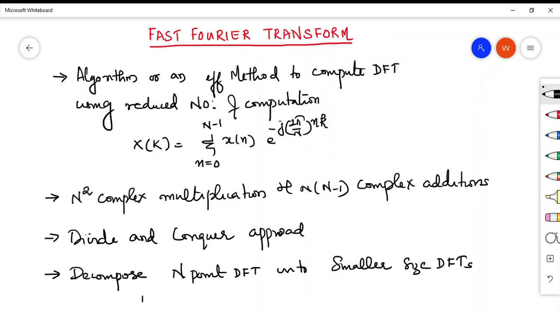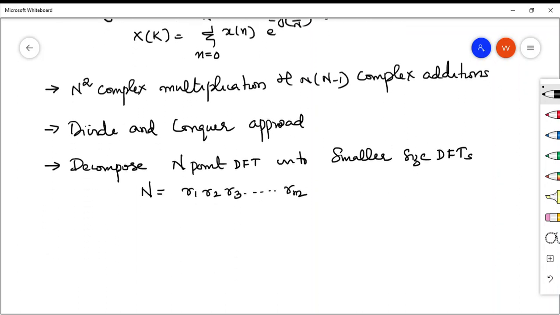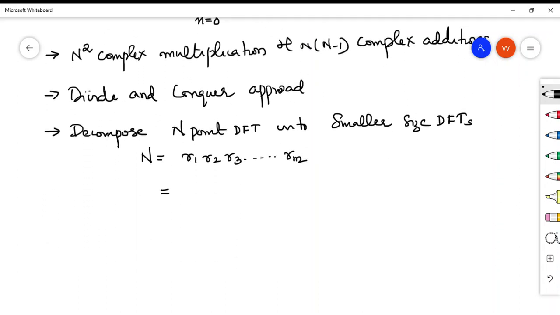Now, imagine this N-point sequence can be represented as R1, R2, R3, up to Rm. If you take R1 equal to R2 equal to Rm equal to R, then N becomes R raised to m.